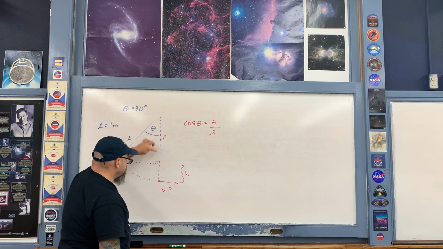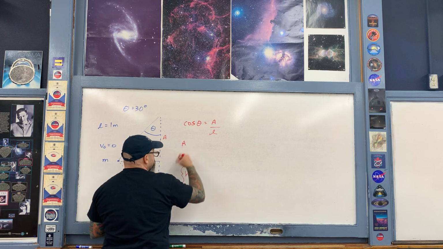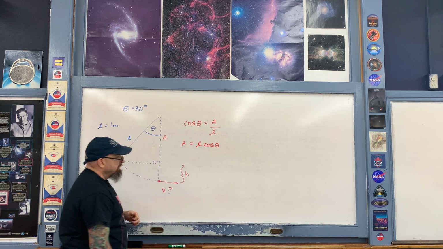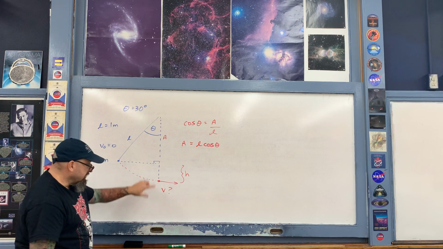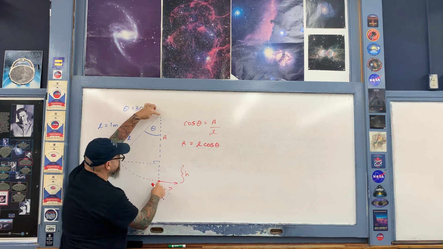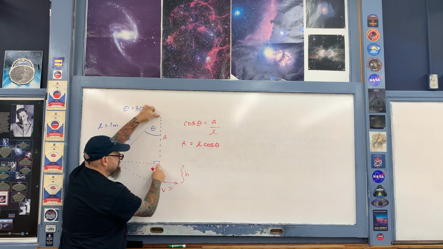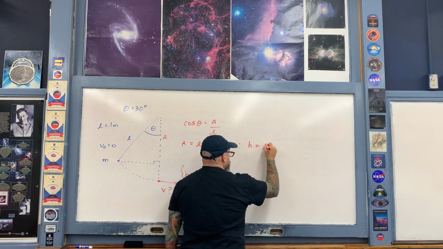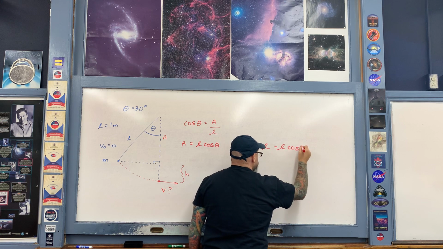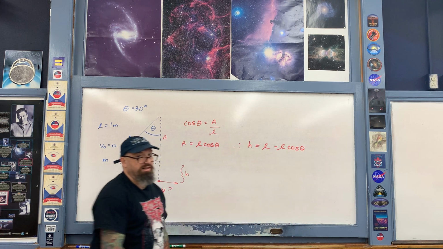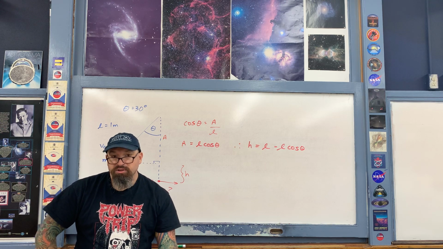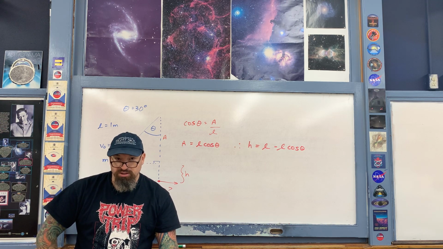So the adjacent side, if I cross multiply, is L times cosine theta. The height change h is the difference between the length of string and A. Therefore, the height h is the length of string minus the adjacent side, which is L cosine theta. This is common to problems involving a pendulum. The height change is always described in this manner.